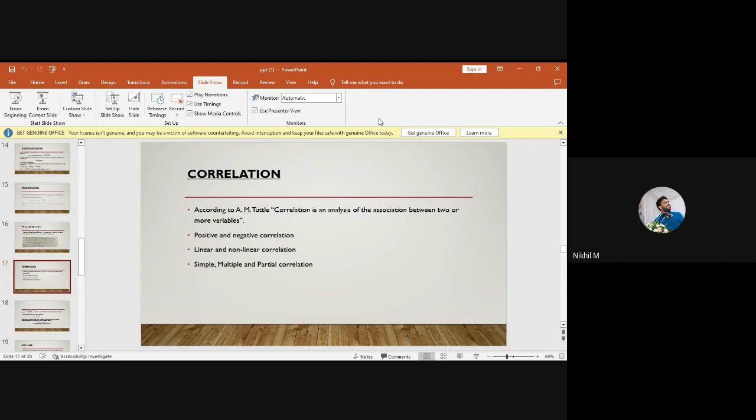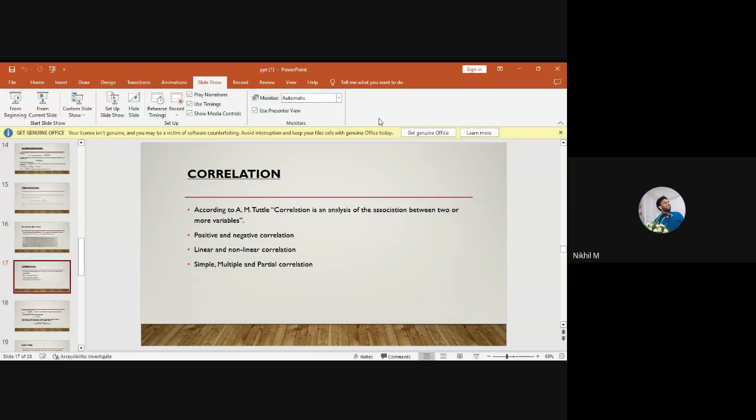The correlation may be linear or non-linear. When the amount of change in one variable leads to a constant ratio of change in the other variable, it is known as linear correlation. A correlation is said to be non-linear when the amount of change in one variable is not in a constant ratio to the change in the other variable.